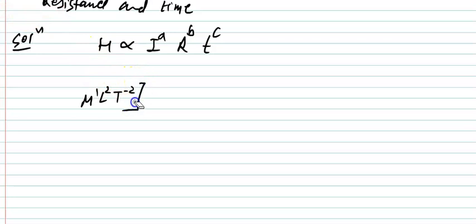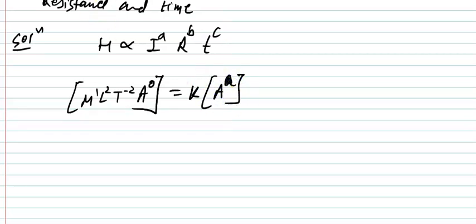But current does not have any dimension in the heat formula, that's why we use A to the power 0, which is equal to some constant. The dimension of current is A to the power a.